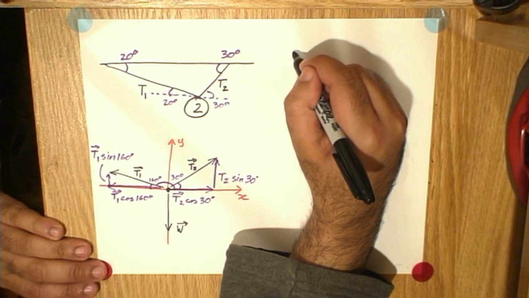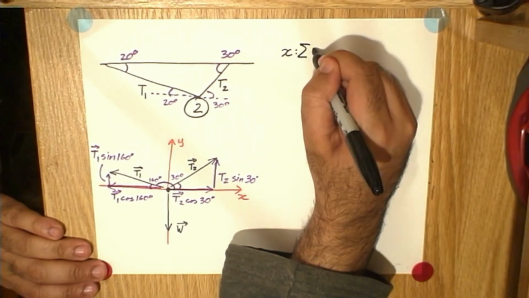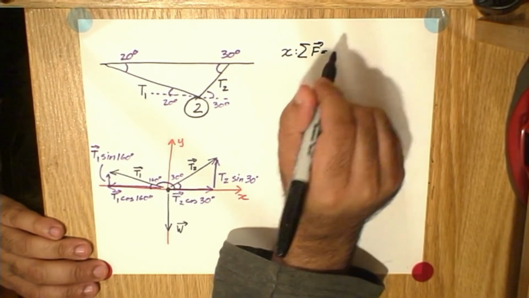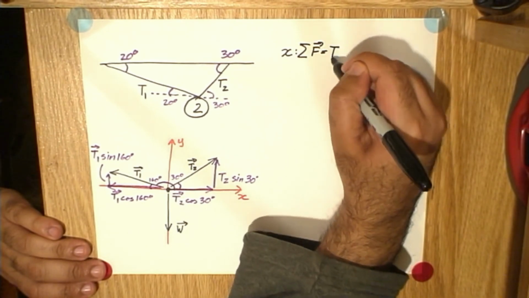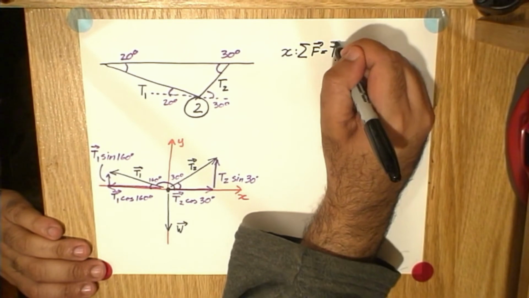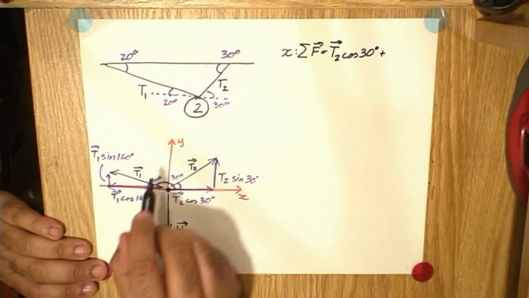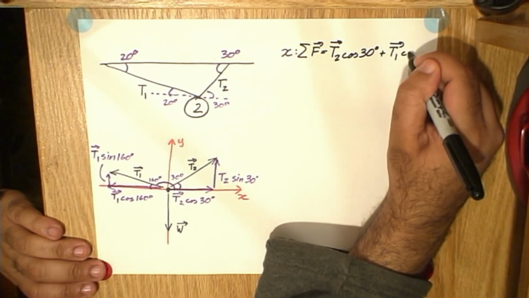In the x direction, the total force is given by this rightward component, which is T2 cos 30 degrees, plus the leftward component, T1 cos 160 degrees.